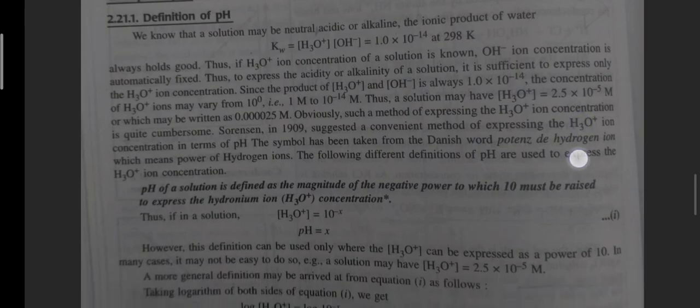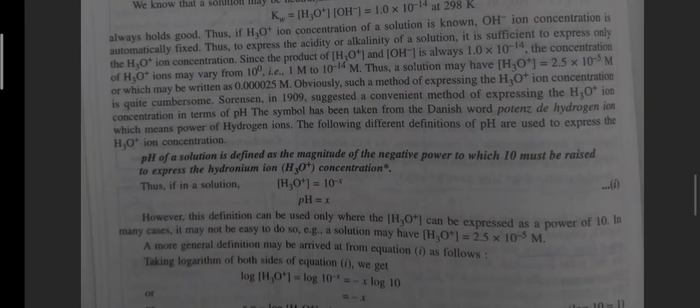Thus, a solution may have H3O positive equal to 2.5 into 10 raised to power minus 5 molar, which may be written as 0.000025 molar. Obviously, such a method of expressing the H3O positive ion concentration is quite cumbersome.